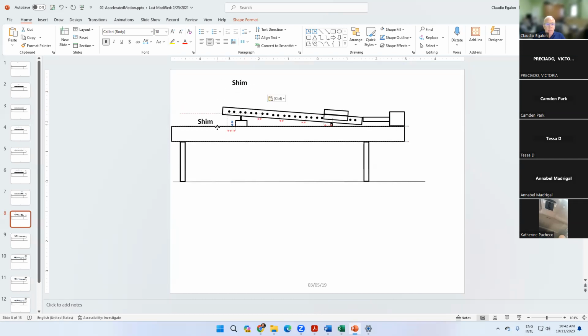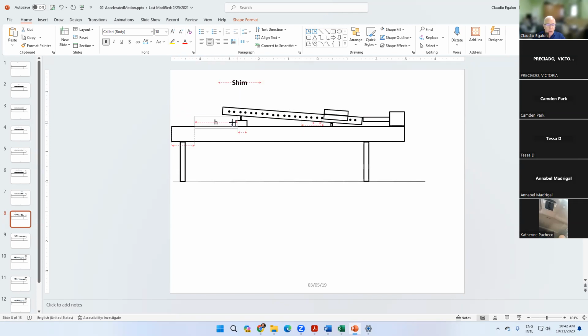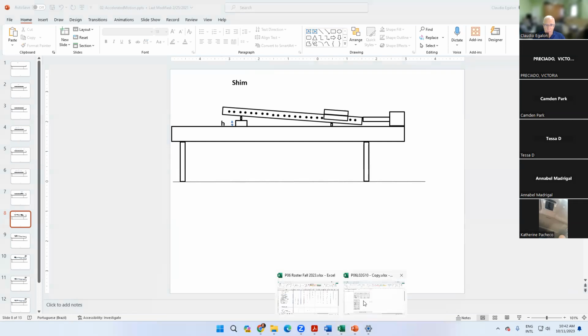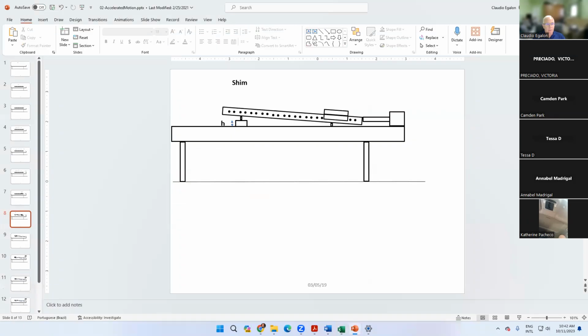This shim has a height of H, which is documented in your spreadsheet. Right in here. Meters. Okay.